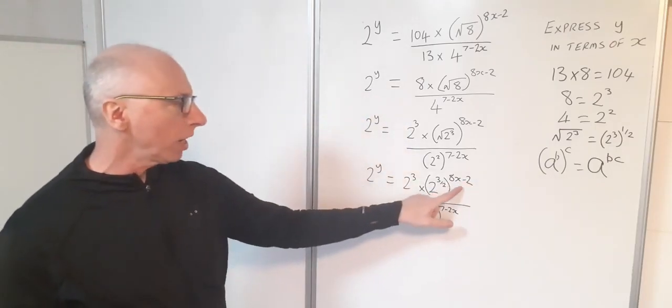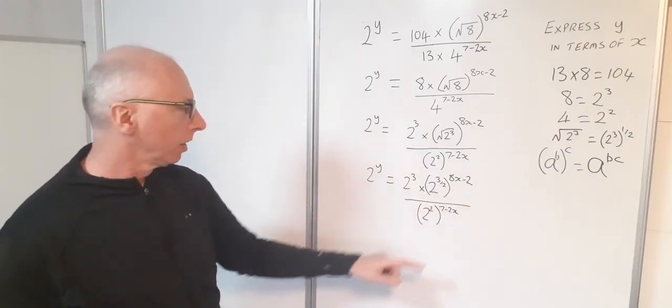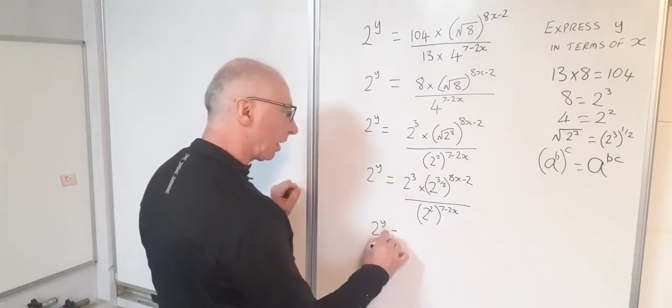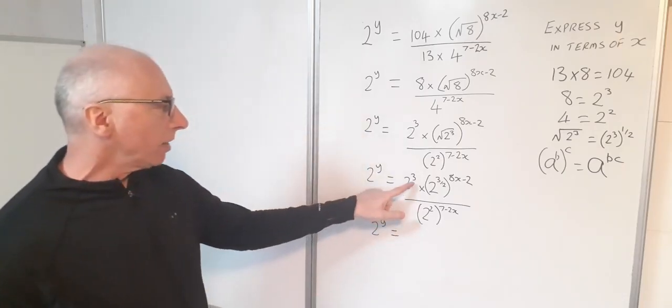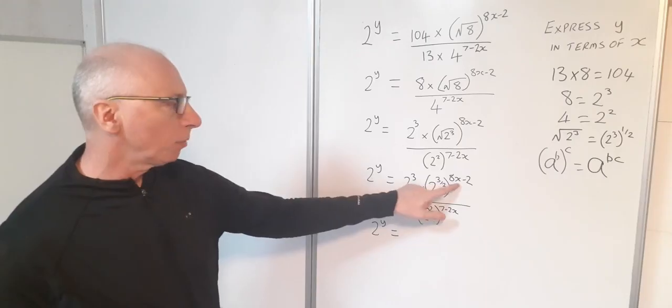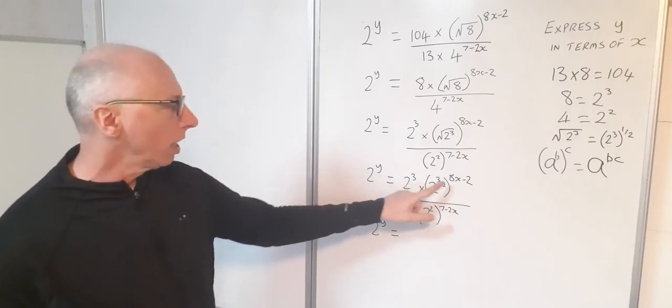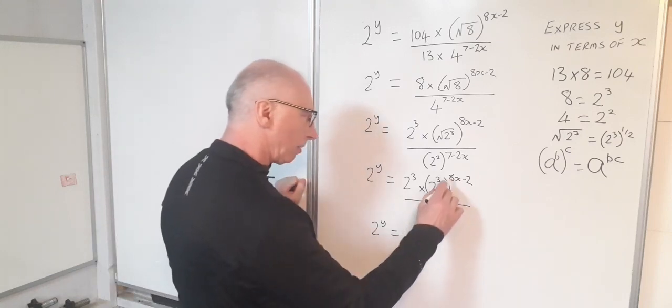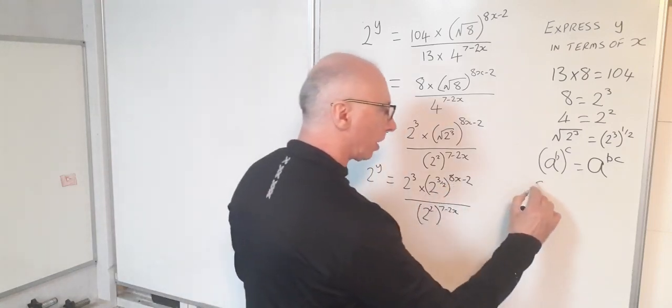I can rewrite my numerator and my denominator. So here I'm now left with 2 to the power of y. As I've got 3 over 2 here, I can multiply this by 3 over 2 and then add 3. So I've got times 8x minus 2 times 3 over 2. So let's put that in here.